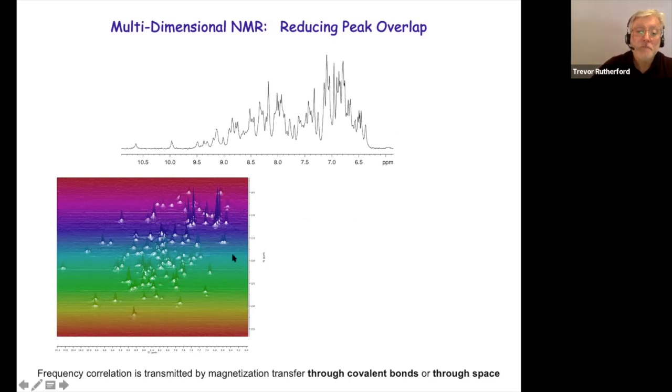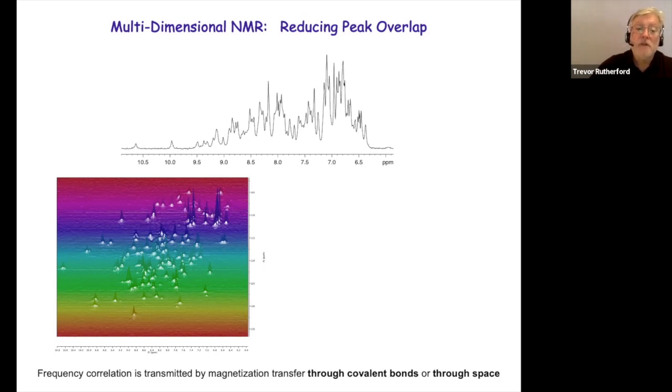It is actually the same spectrum that we see here, but in this case, we spread the signals out in a second dimension according to the nitrogen frequency, the spin frequency of the directly bonded nitrogen.